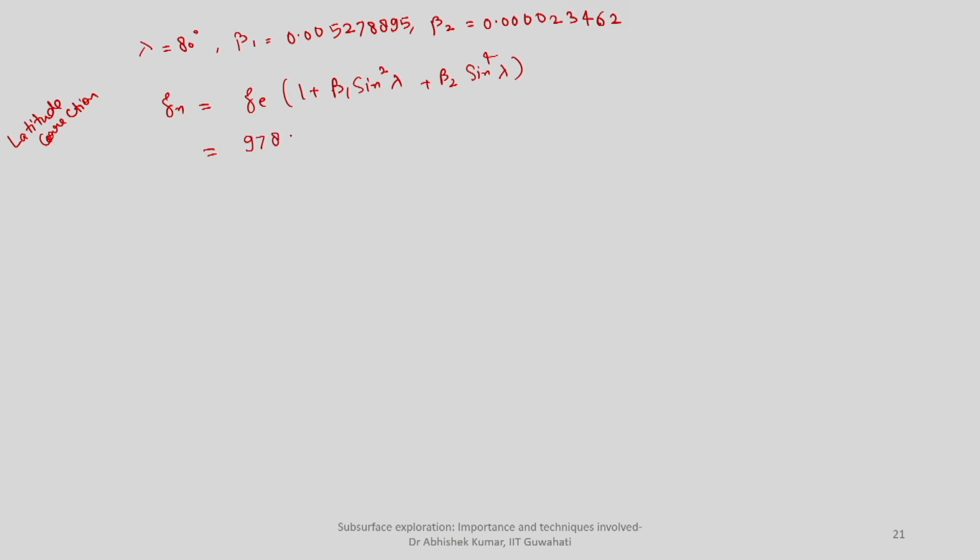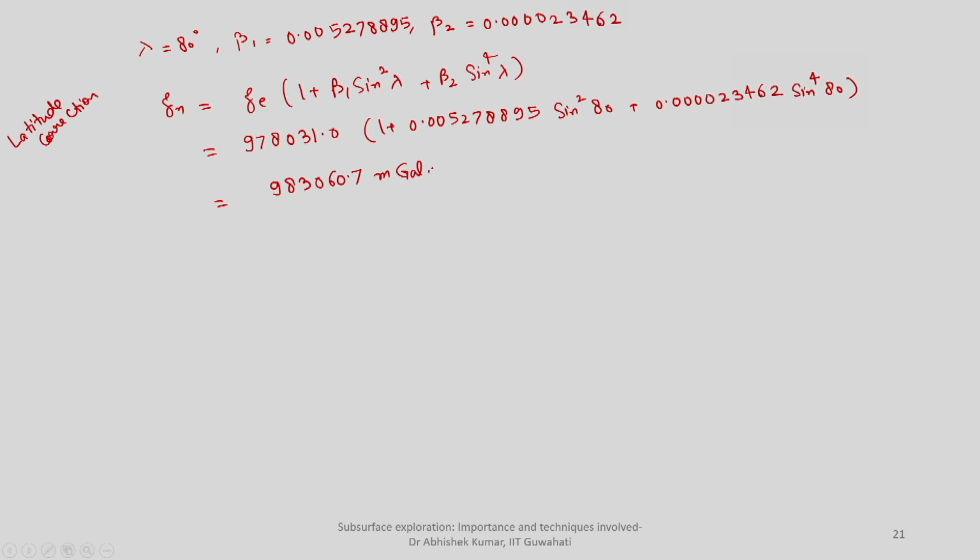We know the value of gravity: 1 plus beta 1, 0.005278895 times sin square 80 plus 0.00002342 sin 4 times 80, that is going to give you the value as 983,060.7 milli Galileo.